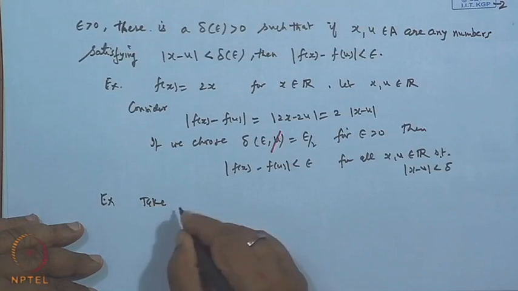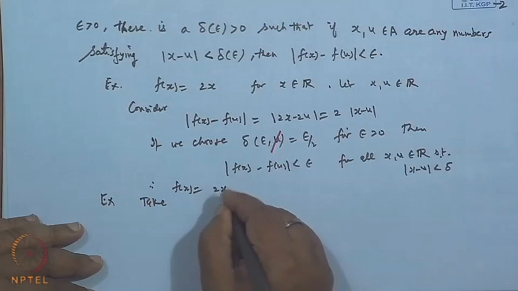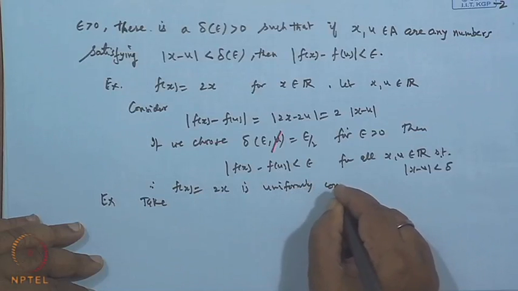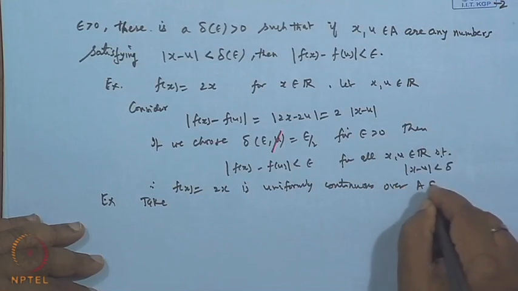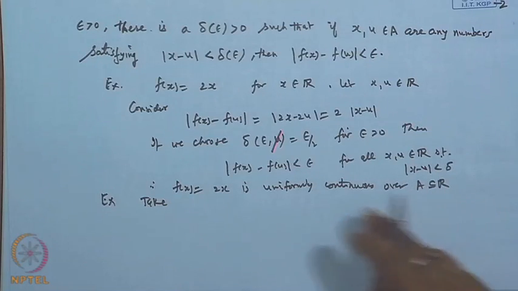For example, if we take the function f(x) = 2x, it is uniformly continuous over any set A which is a subset of R, or over the entire real line.